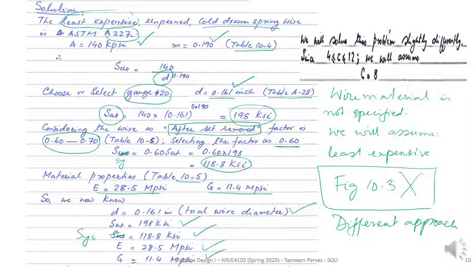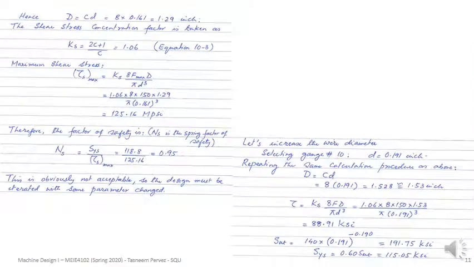I know that the C has to be between 4 and 12. So I will assume C as 8. So you see over here, I have made two assumptions now. I have assumed the wire diameter, this is 1, and I have assumed the spring index, which is 2. Once the spring index is known, I can find out what is the mean coil diameter.